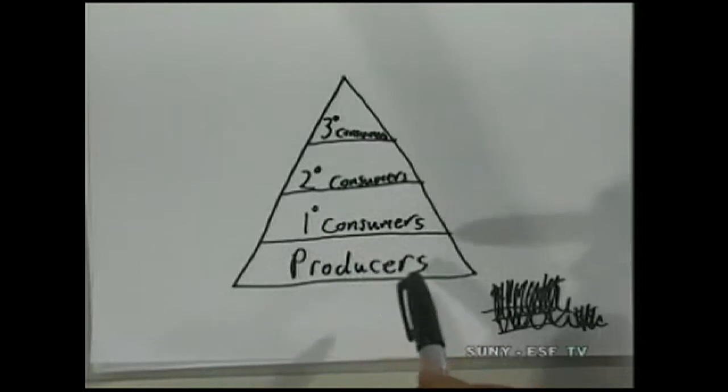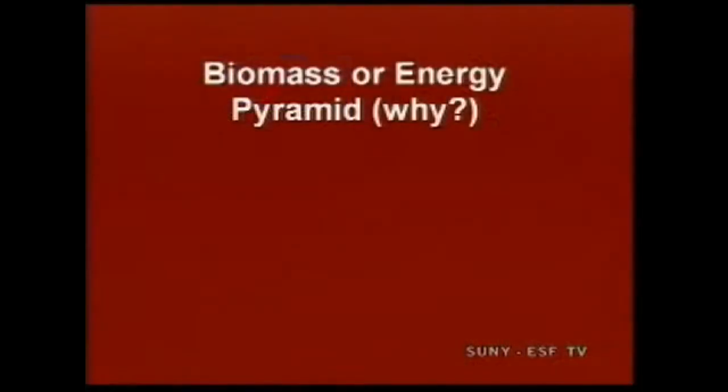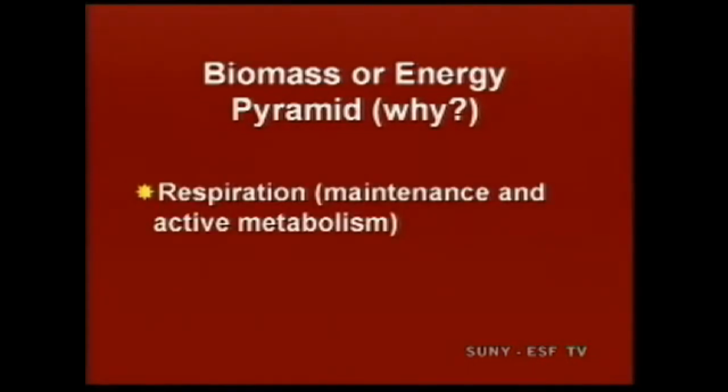Now, I want to get at why this has the shape it does. So we'll go back over to the slideshow here. If we're talking about biomass or this energy pyramid, why does it have the pyramid shape? Well, one reason is respiration.